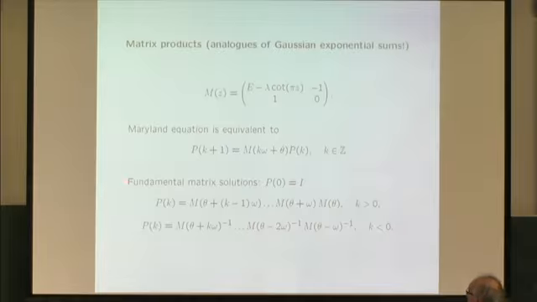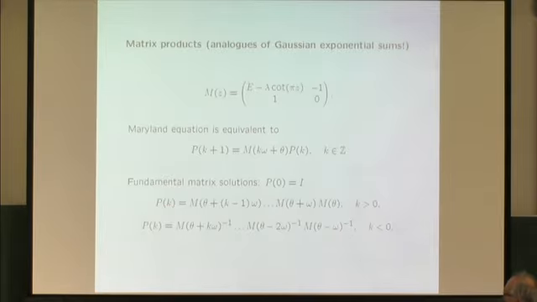We can consider the solution satisfying this initial condition: p of 0 equals the identity matrix, and we call this solution a fundamental matrix solution of the matrix Maryland equation. We'll call this equation the matrix Maryland equation. There will be 3 Maryland equations, and this is the matrix Maryland equation.